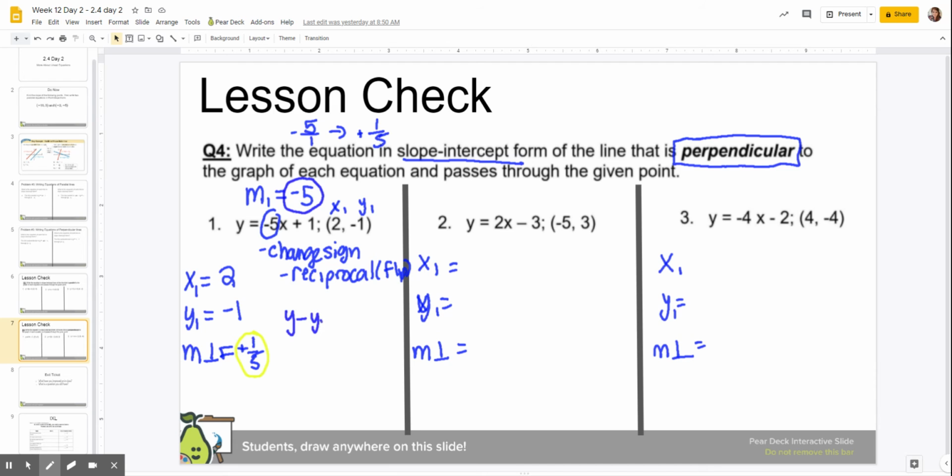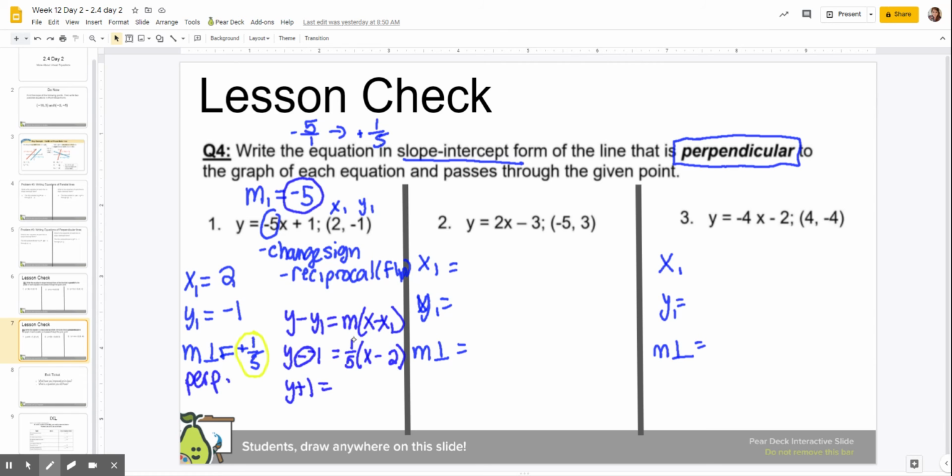And then you do the same thing. y minus y1 equals m times x minus x1. So our y1 is y minus -1. Once again, we have a double negative, so we're going to change that double negative to a y plus 1. And then our new perpendicular slope is +1/5, and it's going to be x minus, inside the parentheses, x minus +2.